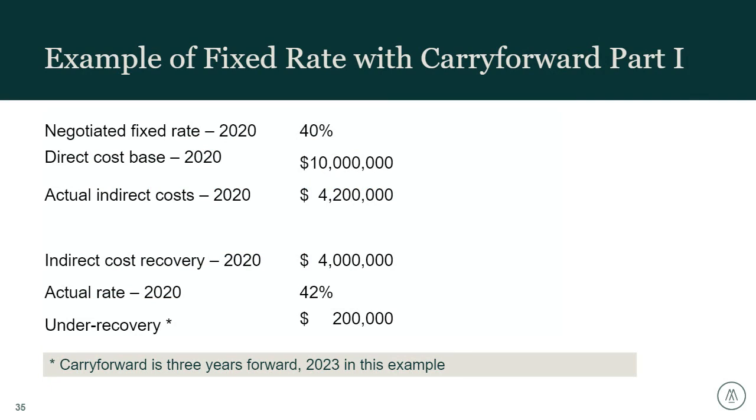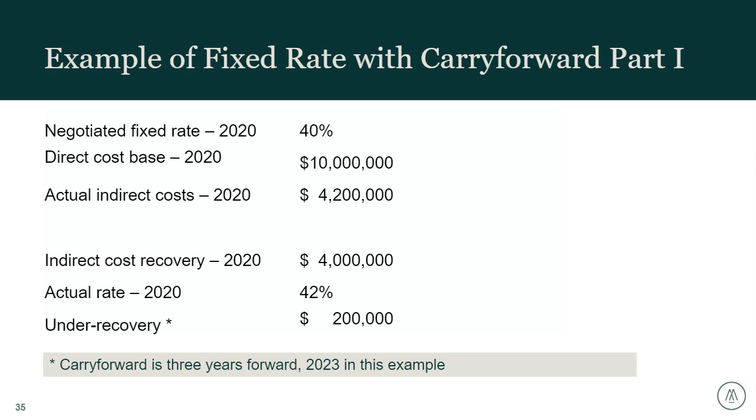Let's consider that we had a negotiated fixed rate in 2020 of 40%. And the direct cost base in that year was 10 million. And for that year, actual indirect cost was 4,200,000.